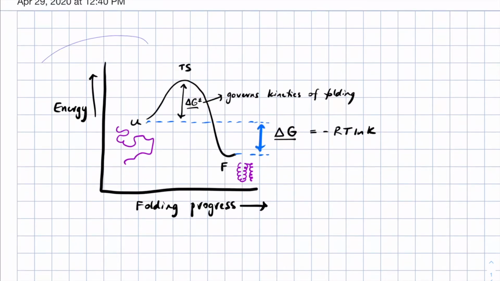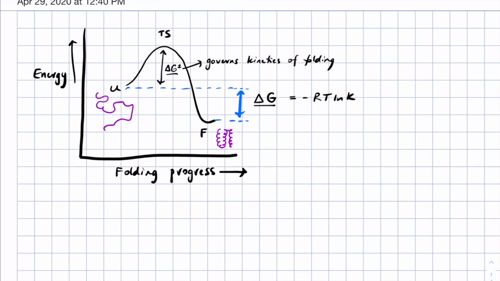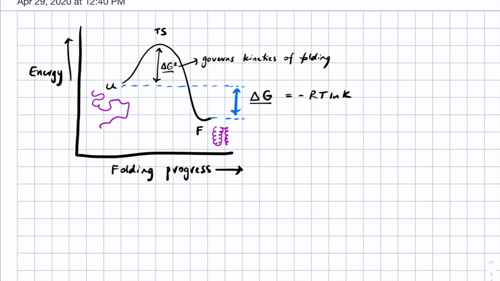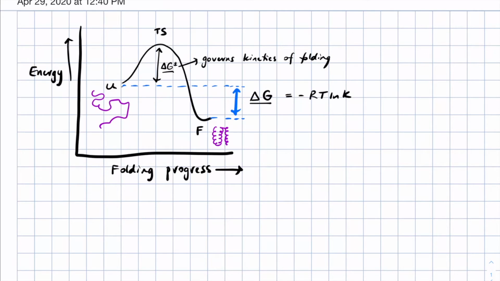And we're going to talk about how you assess protein folding and how you fit data to determine what this delta G number is. But for now, let's just set up the theoretical background work that will allow us to fit the data later on.